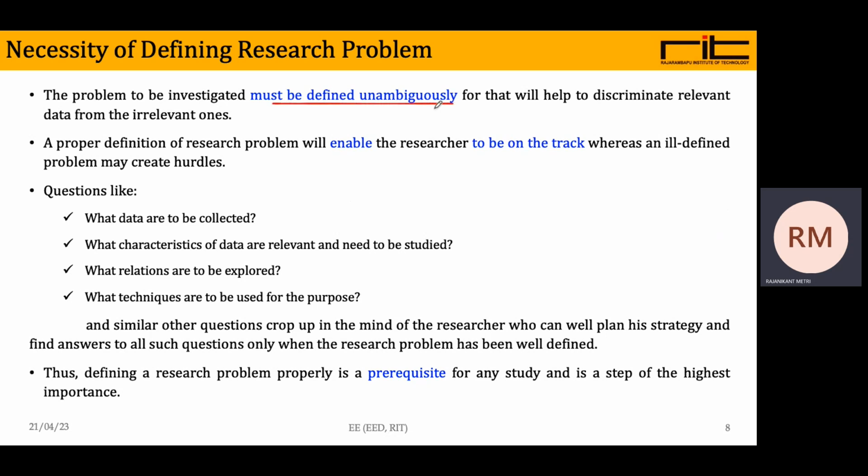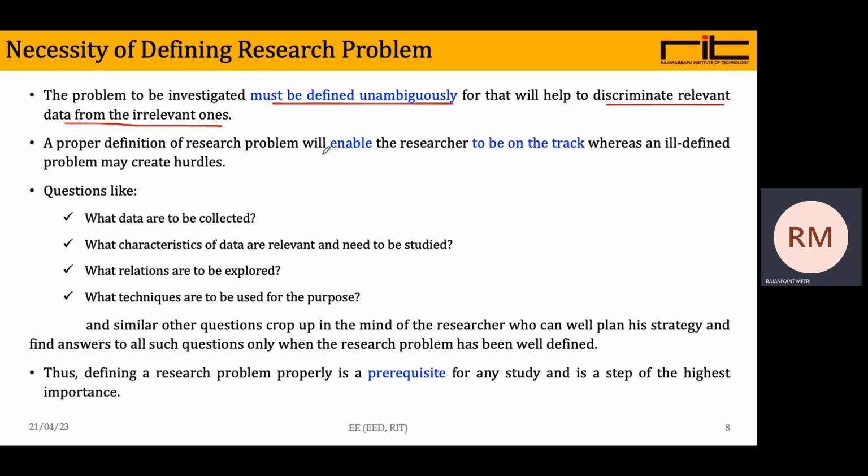That means there should not be any ambiguity, and the research problem has to be concise and well defined. It will help to discriminate relevant data from the irrelevant ones. There may be a lot of information with some relevant and some irrelevant data. Once we define the research problem, we can discriminate what is relevant data and what is irrelevant data.